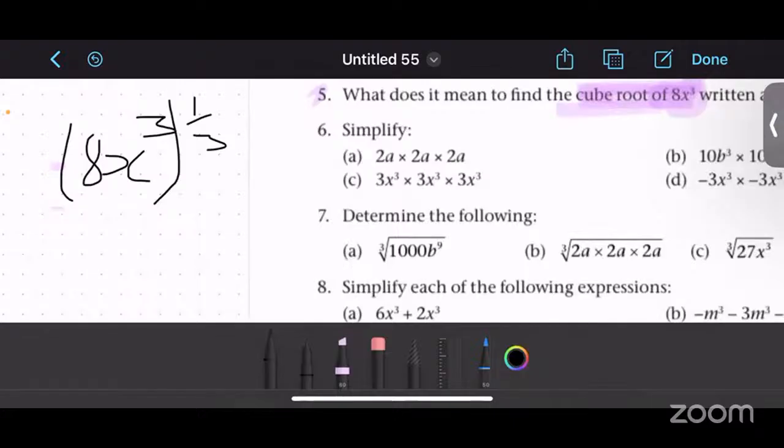Then, ma'am, you're going to have to check the factors of 8, the factors of 8 to the power 3.